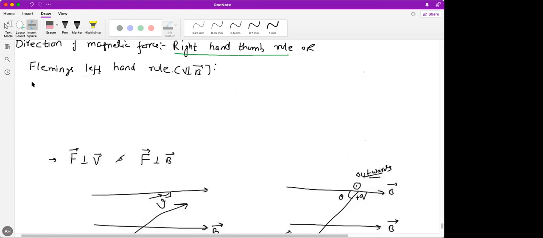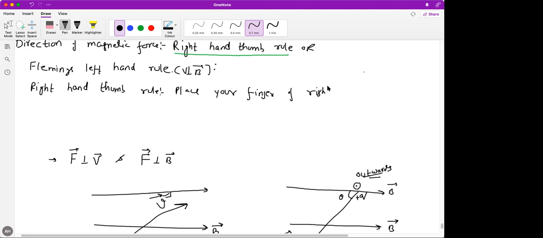So right hand thumb rule says place your finger of right hand along the direction of velocity and curl it towards magnetic field.